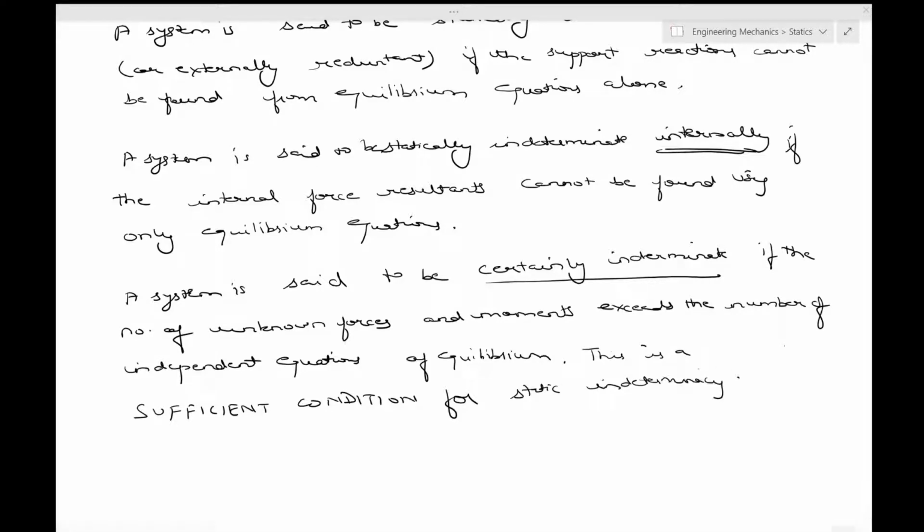So if you have a situation where the number of unknowns is more than the number of independent equations of equilibrium, then you don't have to start solving and then come to the stage and say, well, it seems now we cannot solve it only using equations. You can just count the number of unknowns and compare, and then you would know. Because it's a sufficient condition, you would then exactly know that you have to use the deformation equations and the force deformation relations.